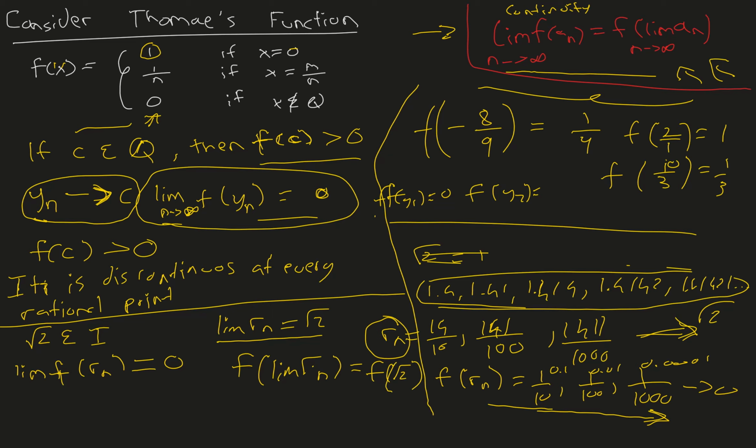We have that f of root 2 is equal to 0. So f of the limit of Rn is equal to 0.